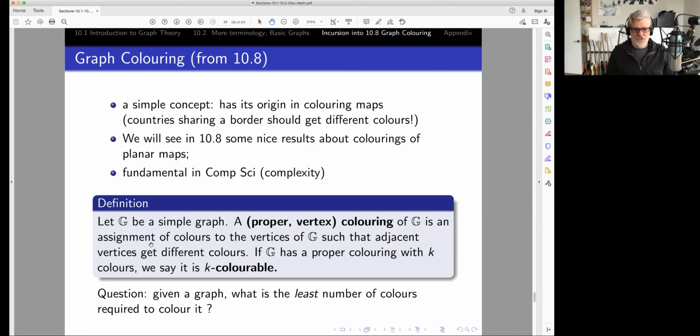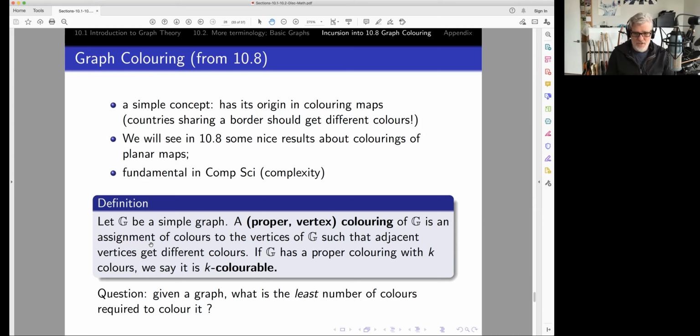So if G has a proper coloring with K colors, we say that it is K colorable. Obviously, if you have lots of colors, you can always do it. The question is, how do you use as few colors as possible to do it.